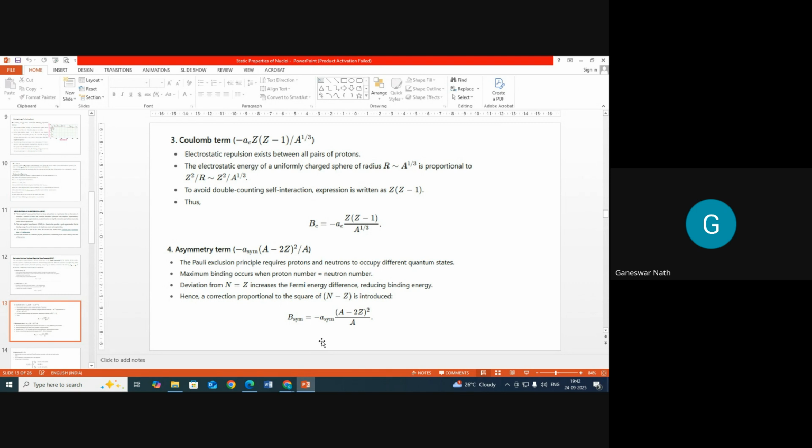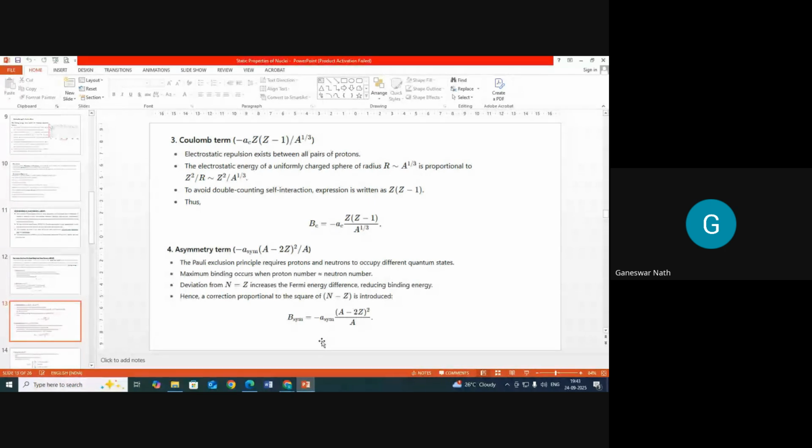To avoid double counting of self interaction, we write Z into Z minus 1, where Z is the number of protons. So the binding energy due to the Coulomb term is nothing but Z into Z minus 1 by A to the power 1 by 3. These are all theoretical calculations.